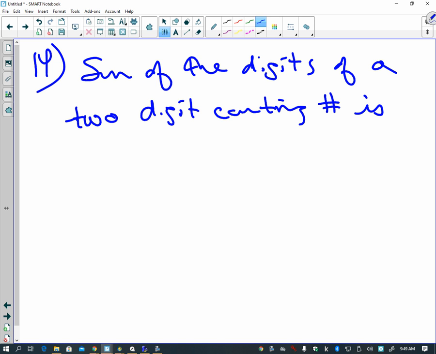I need a number, something bigger. 25? I don't know if you can technically do that. Let's say 9. Okay. The sum of the digits of a two-digit counting number is 9.